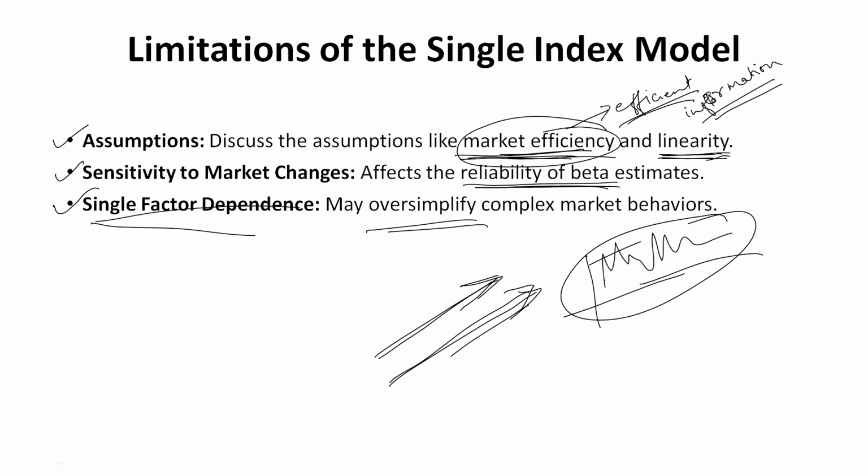A second limitation is the sensitivity to market changes. Sensitivity to market changes here means the reliability of beta estimates. Why is there a problem with reliability of beta estimates?